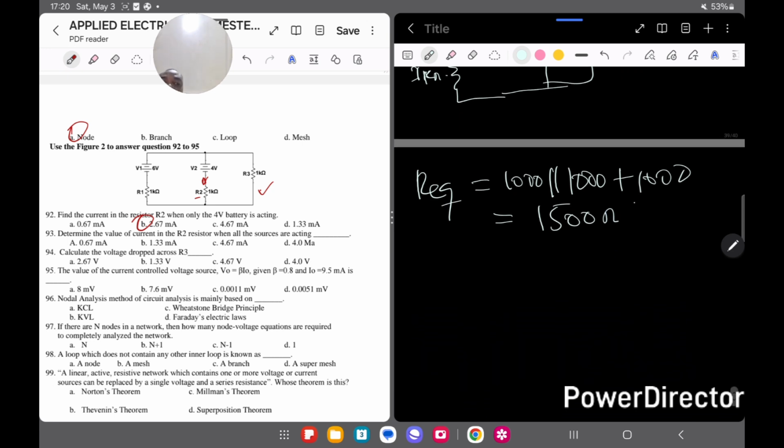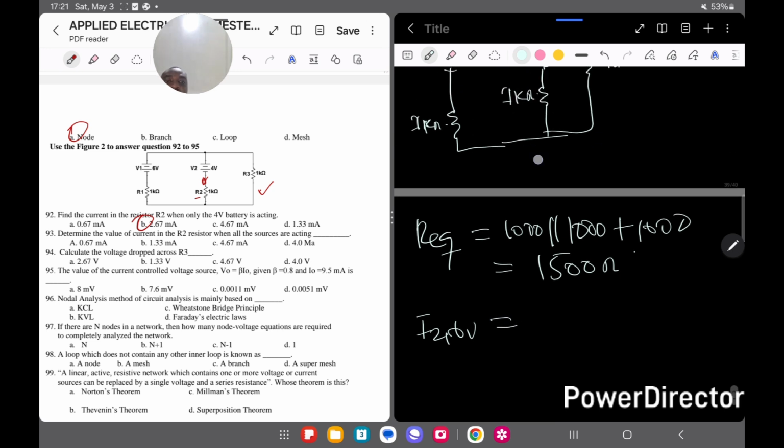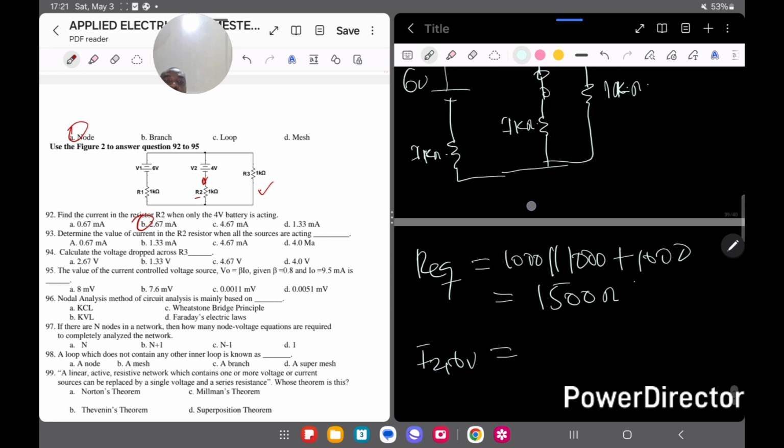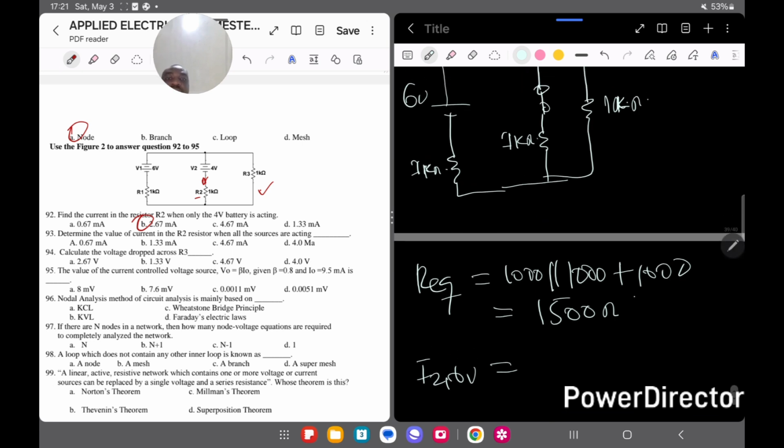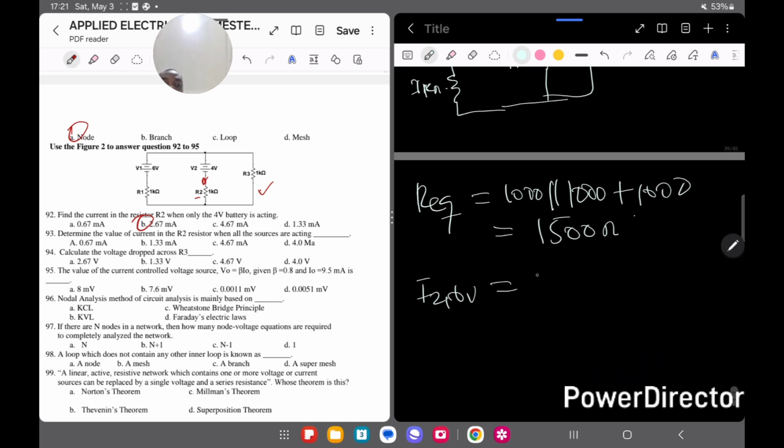And then again, we now have one resistor in series with a voltage source. So the current due to the 6 volts acting will just be the source voltage, right, the voltage source that we have, which is 6, divided by the equivalent resistance, which is 1500.